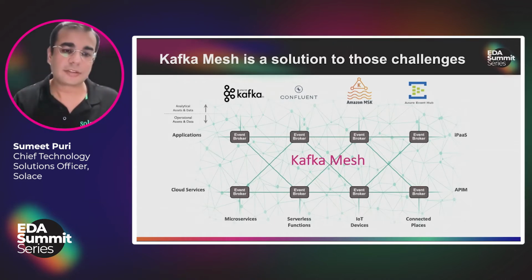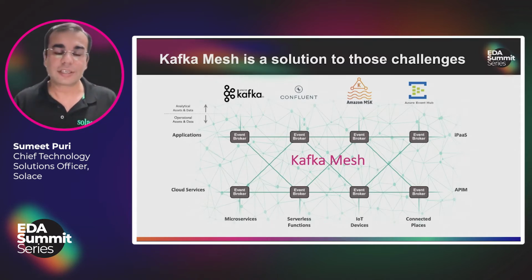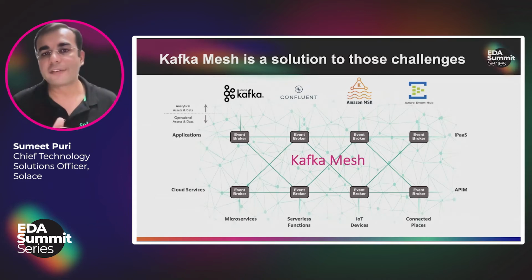They also connect to other applications from microservices to serverless functions to IoT devices, connected enterprise, API platforms, iPaaS. So Kafka to Kafka, Kafka to non-Kafka in a location agnostic, cloud agnostic manner. How do you stream that information? That is what Kafka Mesh is all about.